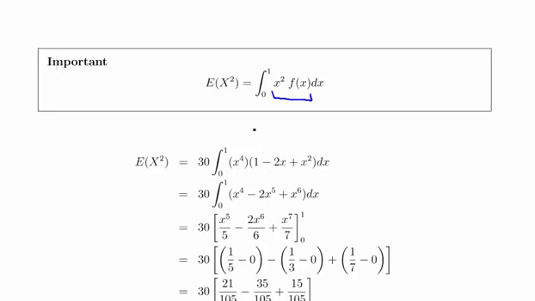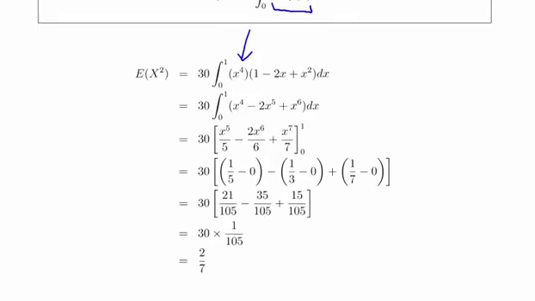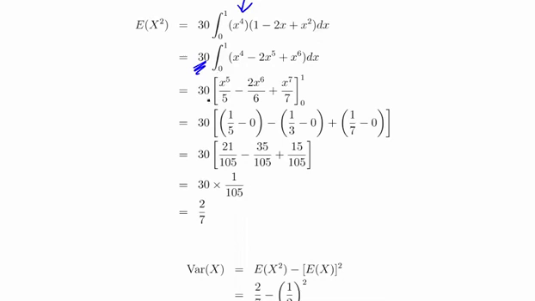Working this out the same way, we have x squared times x squared, which we simplify as x to the power of 4. Multiplying through, we get x to the power of 4 minus 2x to the power of 5 plus x to the power of 6. When we integrate that, with the 30 out here on its own, we'll leave that until the end.